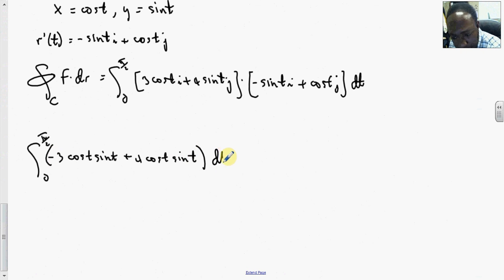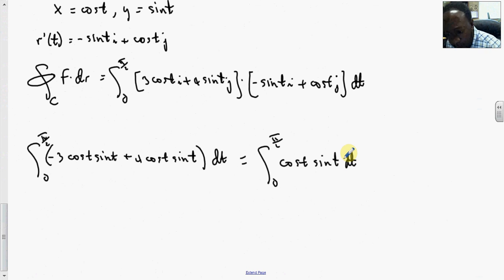This is dt. So this is the integral from 0 to pi over 2 of cosine t sine t dt.